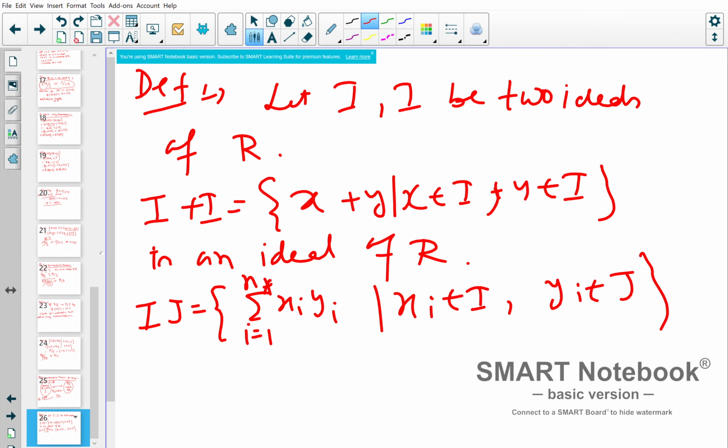Then this also forms an ideal of R, and this is called the product of ideals. Okay, so by this I will stop today's class, and next lecture we will learn something new.